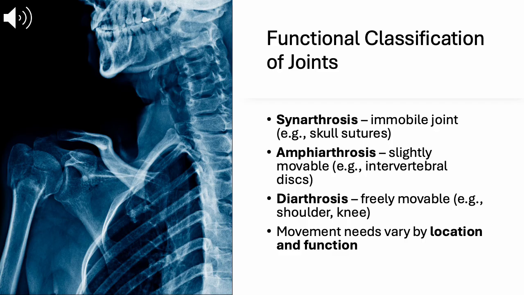Examples include the joints between vertebrae or the pubic symphysis, which offers flexibility during childbirth. A diarthrosis is a freely movable joint, and all diarthroses are synovial joints. These are the joints in your limbs, your elbows, knees, hips, that let you move in multiple directions. The location of each joint type reflects its role, whether stability or mobility is more important in that region.